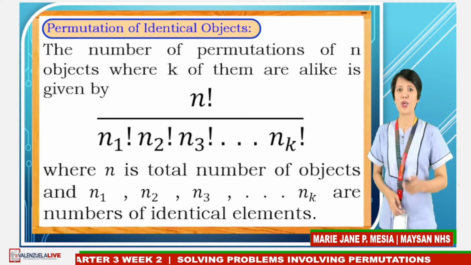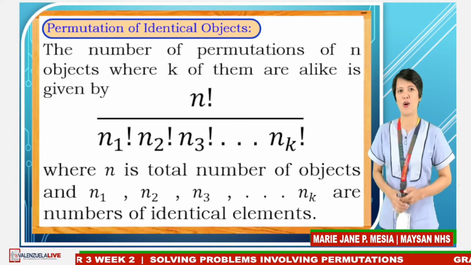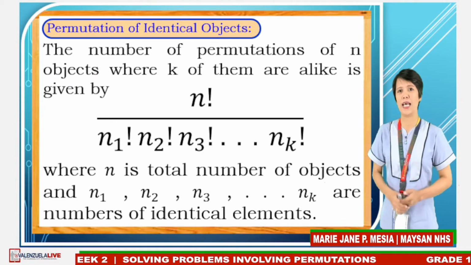To find the distinguishable permutation of identical objects, use this formula.